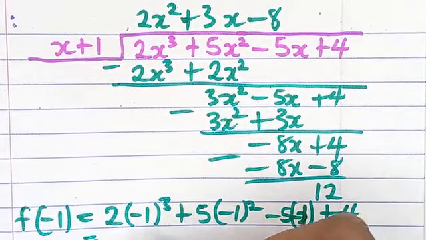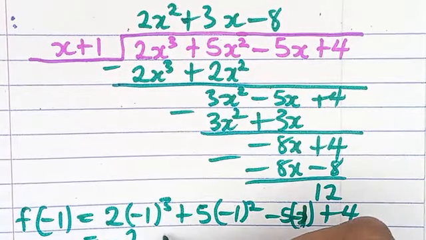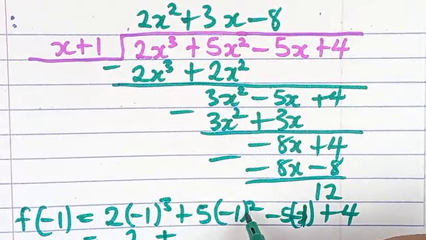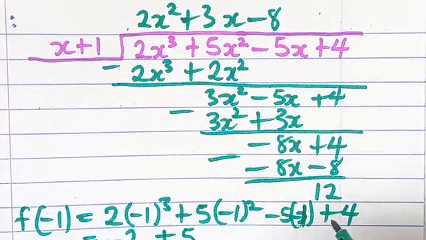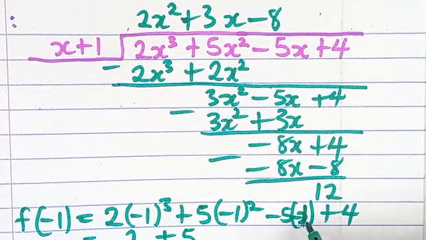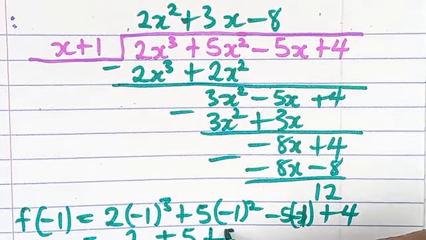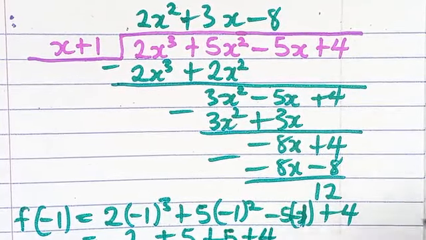Minus 1 raised to power 3 is minus 1. So we have minus 2. Minus 1 squared is 1. So we have plus 5. And then here, minus 5 times minus 1 is plus 5, plus 4.